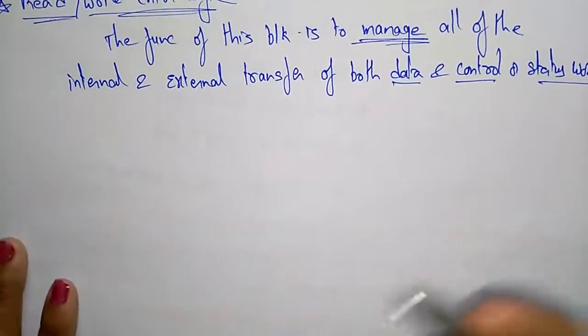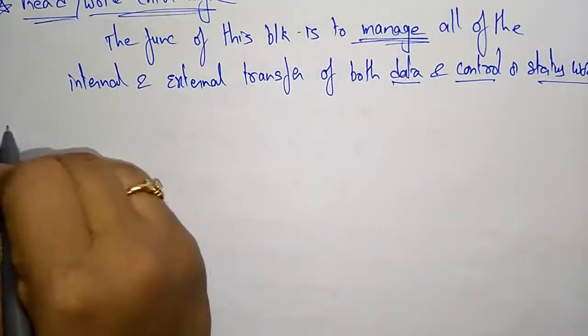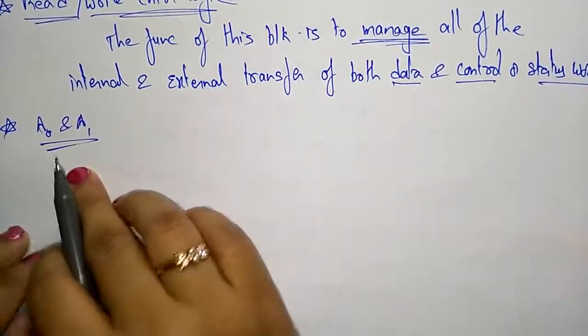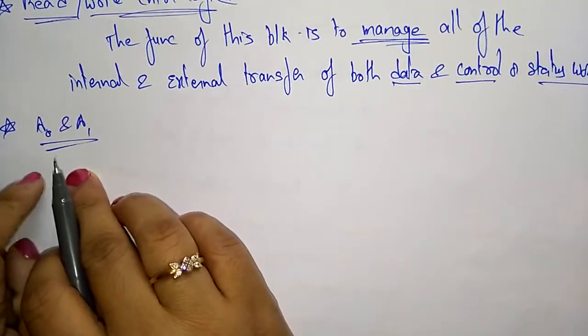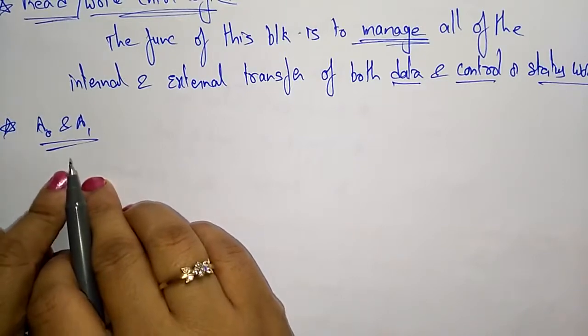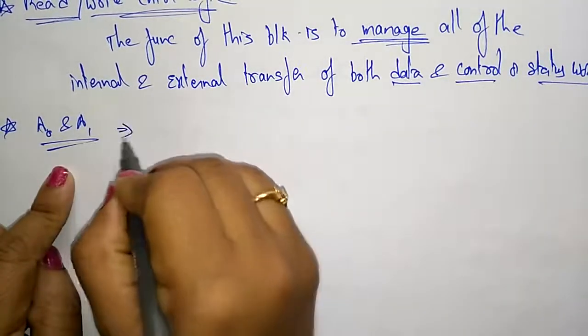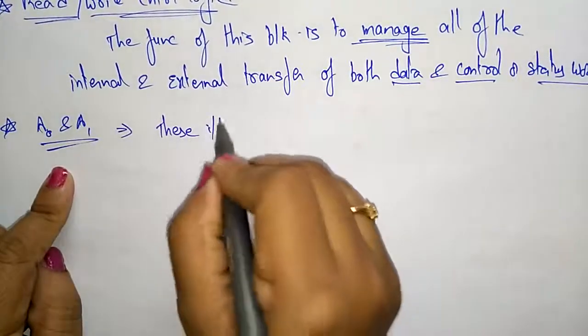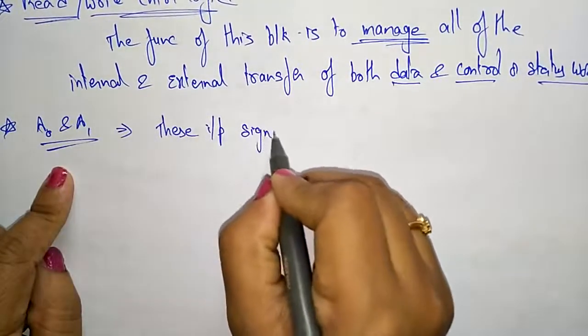Now let us see what this A0 and A1 is. A0 and A1 are port select 0 and port select 1. These input signals are always used in conjunction with read and write.